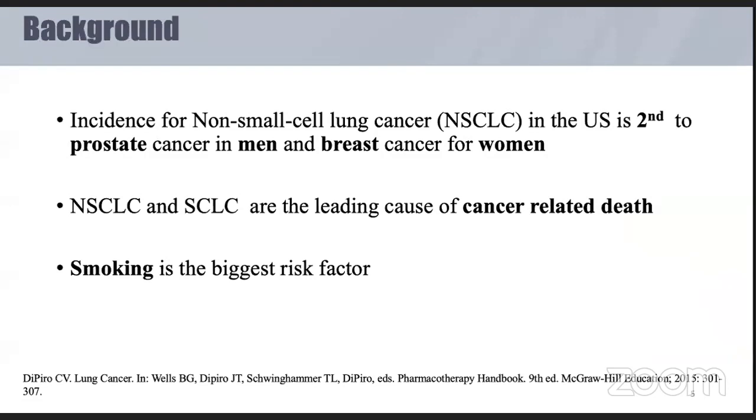The incidence of non-small cell lung cancer is second to prostate cancer in men and to breast cancer in women in the United States. Non-small cell lung cancer and small cell lung cancer are the leading cause of cancer-related death. Smoking is the biggest risk factor for lung cancer. We will talk later about other risk factors as well.